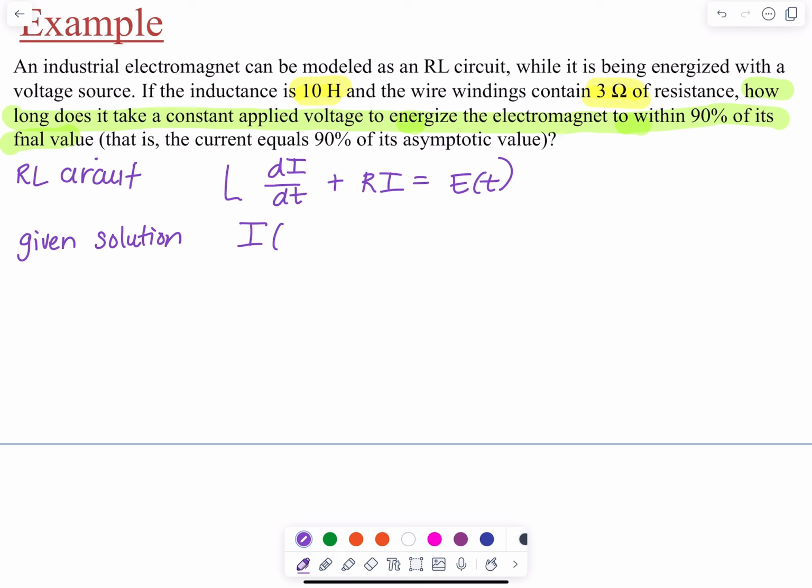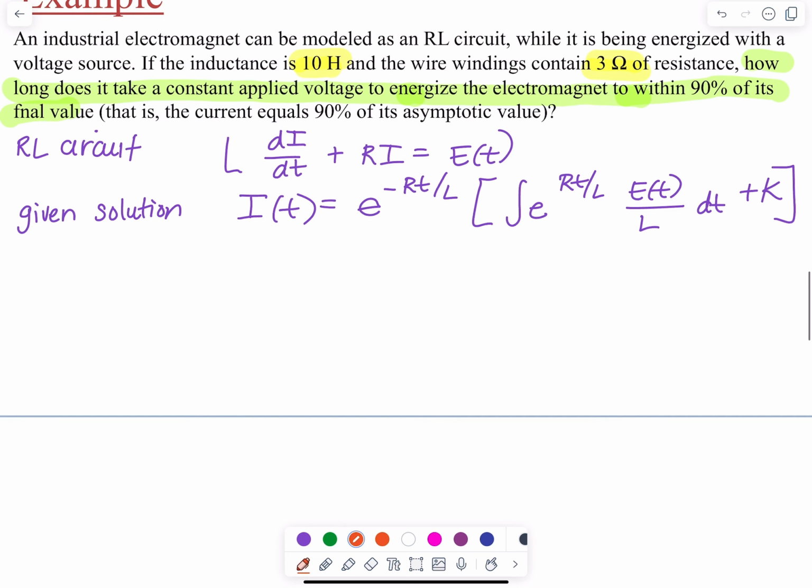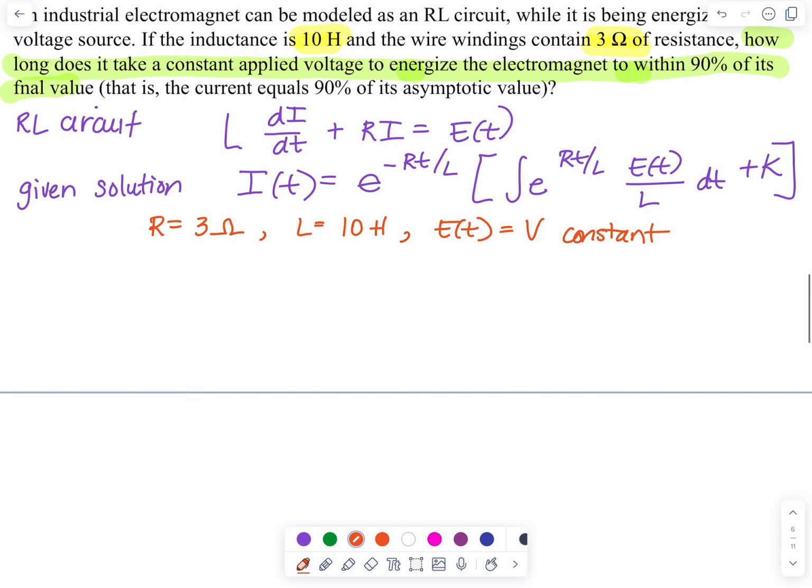And we have I of t is equal to e to the negative Rt over L multiplied by the integral of e to the Rt over L times E of t over L dt plus that constant K. Now keep in mind, we were given that the resistance was 3 ohms, the inductance was 10 henries, and of course, that voltage was constant, so we'll go ahead and let E of t equal V, okay?